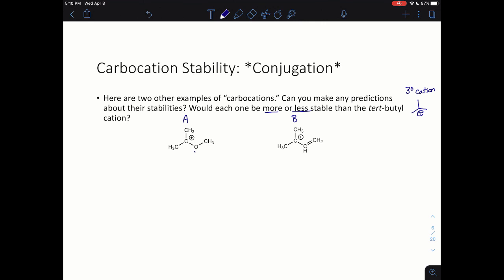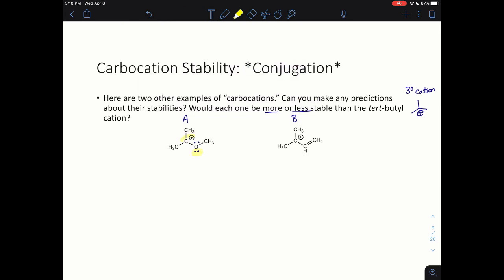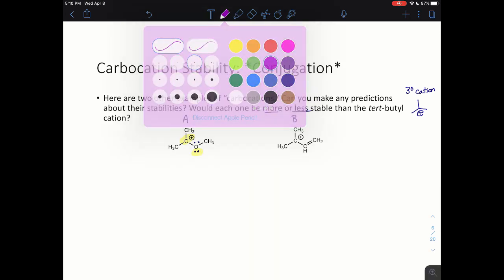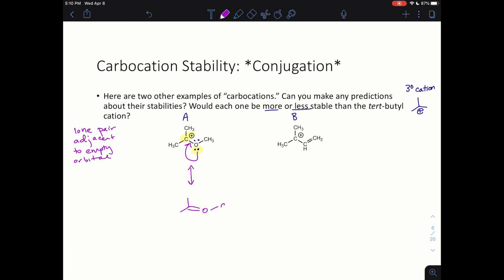Well, let's think about what factors there are for them. So hopefully for A, you recognize you have a lone pair adjacent to an empty orbital. And if you didn't recognize that, now that I've pointed it out, what do you know we can draw? Yes, we can draw a resonance structure. This resonance structure describes that carbocation.